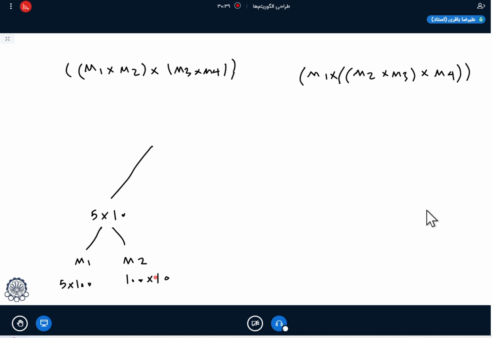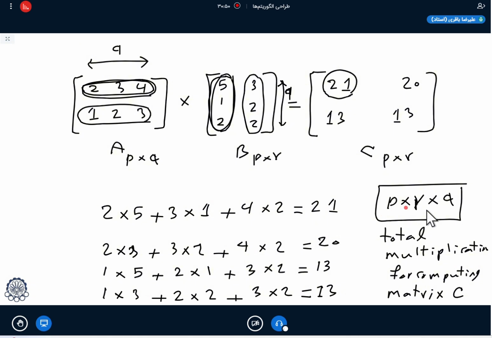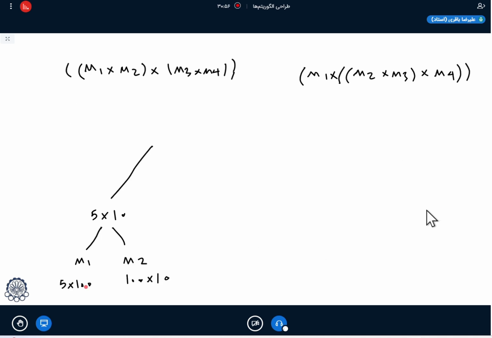How many multiplications are done when we multiply m1 by m2? As we said in the previous slide, PRQ multiplications are done. So 5 multiplied by 10 multiplied by 100, which is 5,000 multiplications.